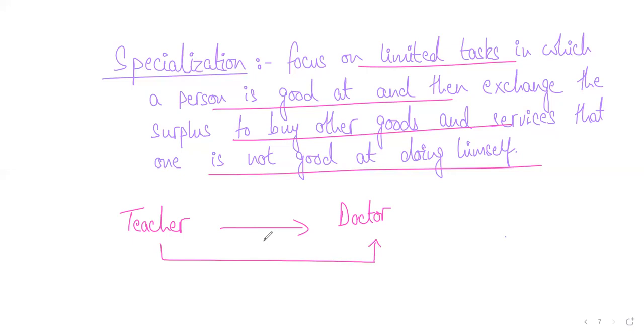But here's the problem. Now we are coming to the main part of the question. There was a major problem here. Can you realize? So think about this. In the example I've given you, if I have to go to a doctor to take the medical services, then in exchange, what can I offer to that person? I can offer teaching services. But here's a small problem.